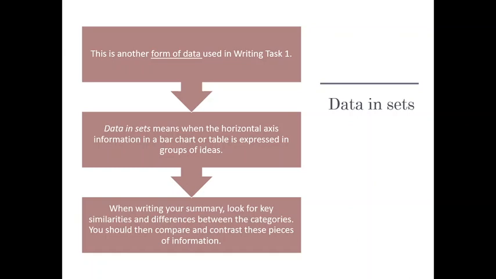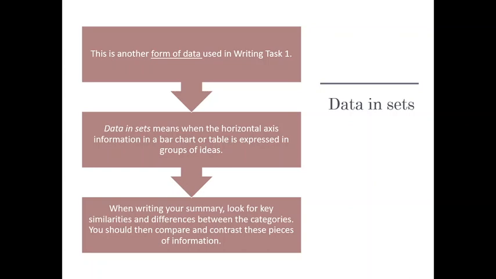If you remember, in writing trends, the important thing there is change over time. Whereas in comparison and contrast or comparing sets of data, we do not have change over time. We have groups of ideas.